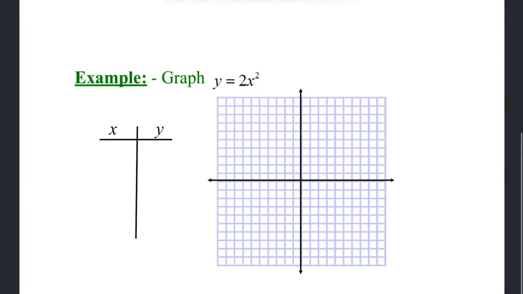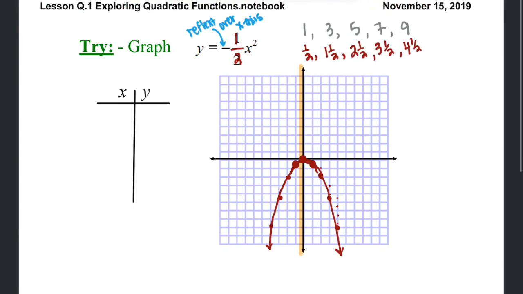So hopefully using this 1-3-5 rule will be helpful. Let's see what happens when we have y equals 2x squared. Now, I should have said also, what happened to our parent graph? Our parent graph was right 1 down 1, right 1 down 3, right 1 down 5. This is our parent graph here in blue. And it looks very different. 1, 2, 3, 4, that's that point, and then 3, 9.